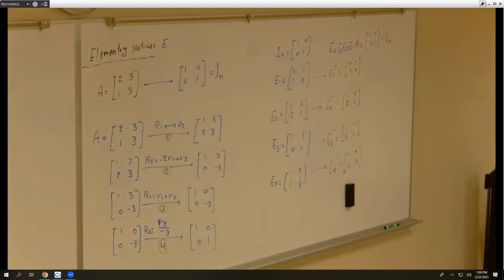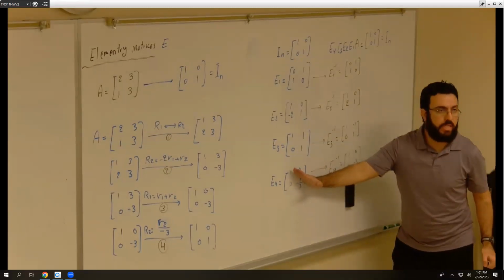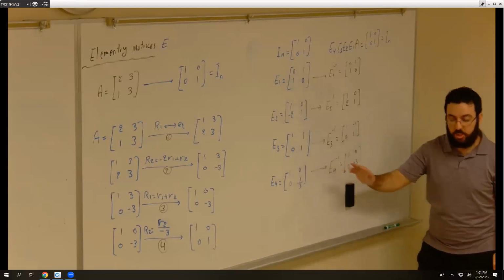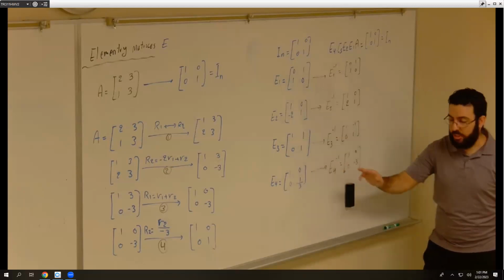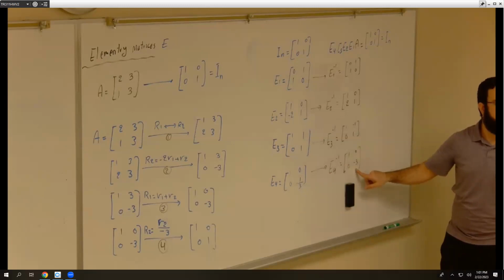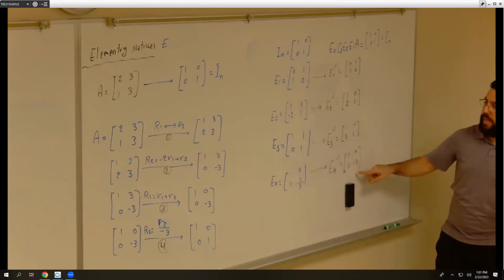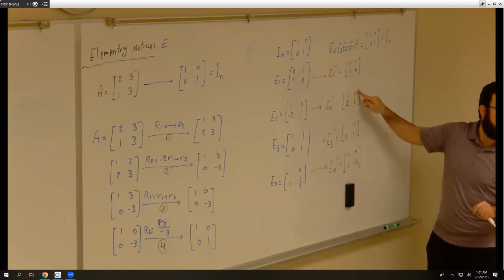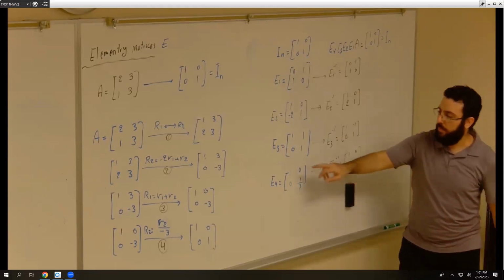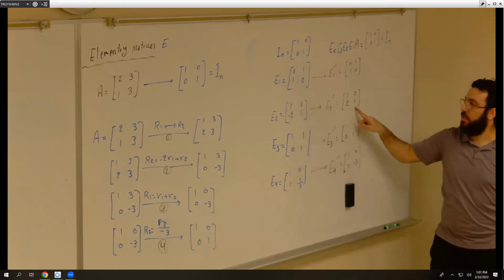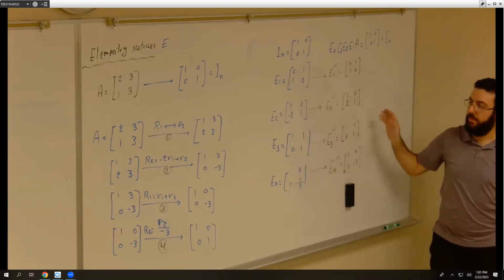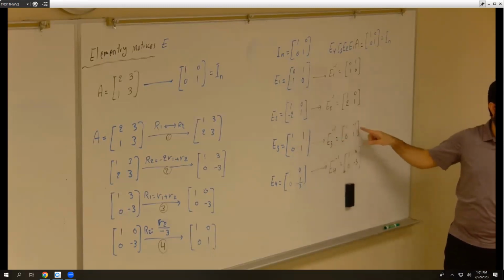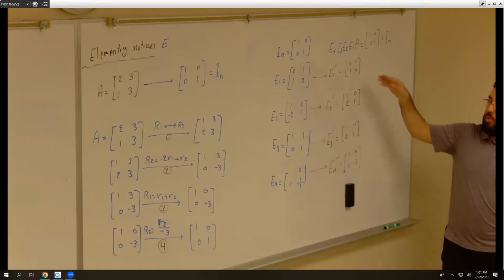So when you have numbers on the diagonal, when you need to find the inverse, you just write down the reciprocal of this number, but you don't change the sign. But for this one, not the diagonal element, you just change the sign, from negative to positive, from positive to negative. So these are the inverses for the elementary matrices.